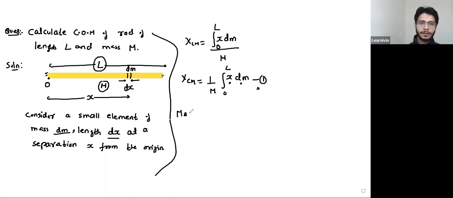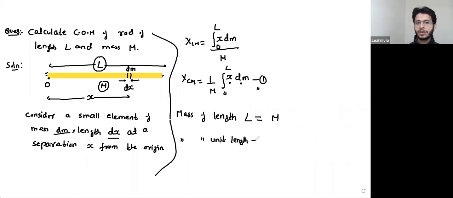See, mass of length L is equal to M. Mass of unit length: what's the mass of unit length? Mass of unit length is simply M by L. Next, you need the mass of dx length.